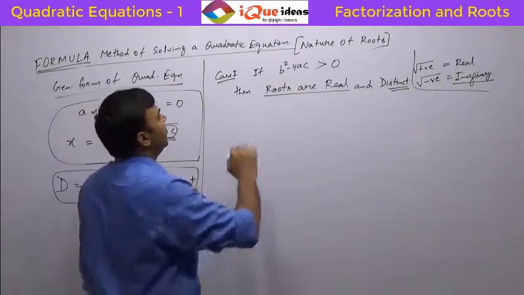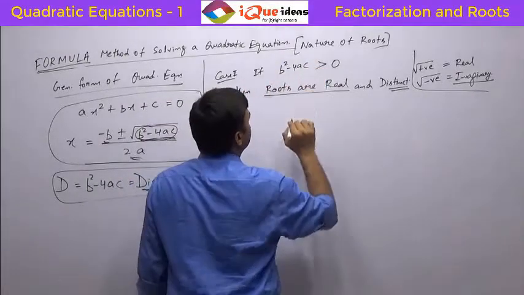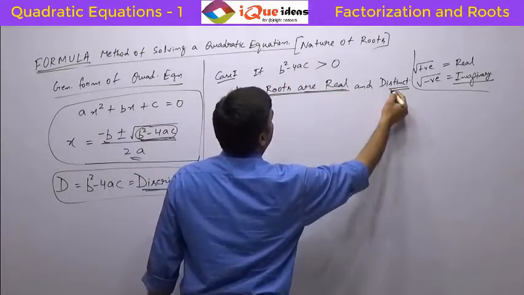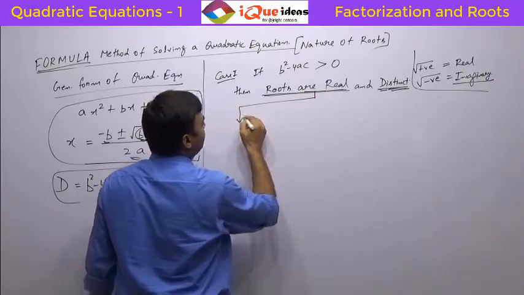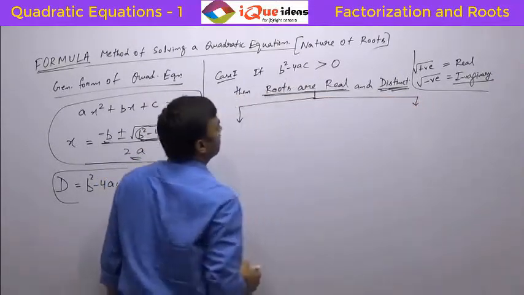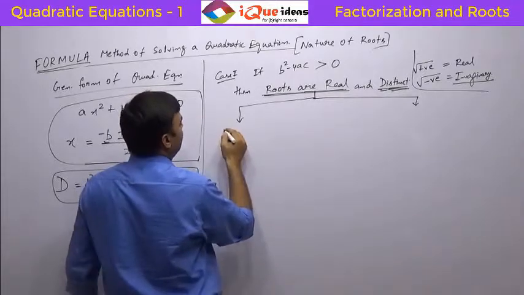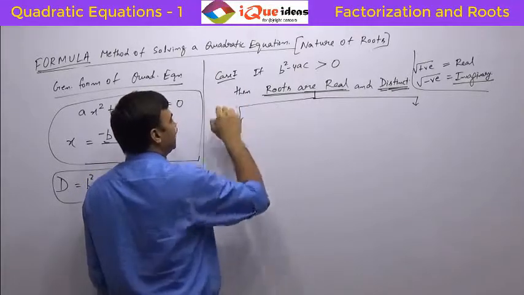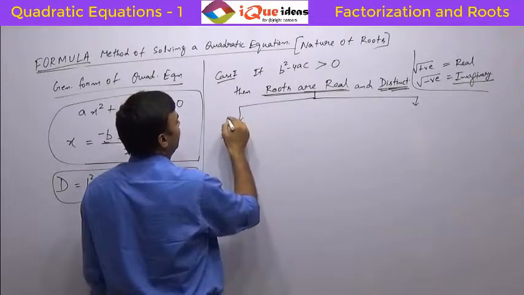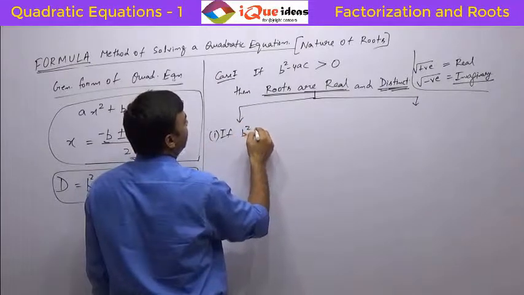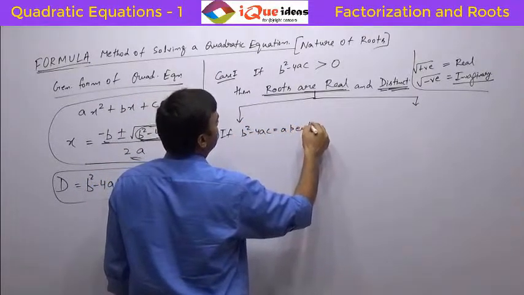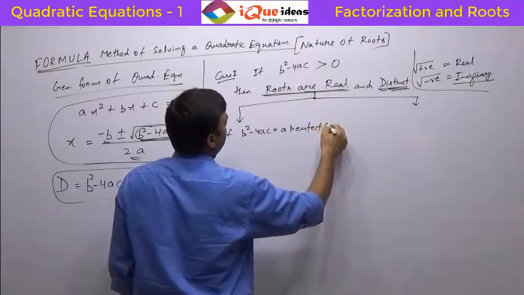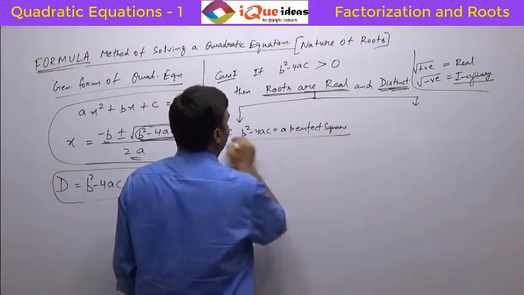So the first case, if b square minus 4ac is greater than 0, then the roots are real and distinct, right? Now even in this, there are two distinct situations. Within case 1, the first situation, if I have b square minus 4ac equal to a perfect square, like 1, 4, 9.